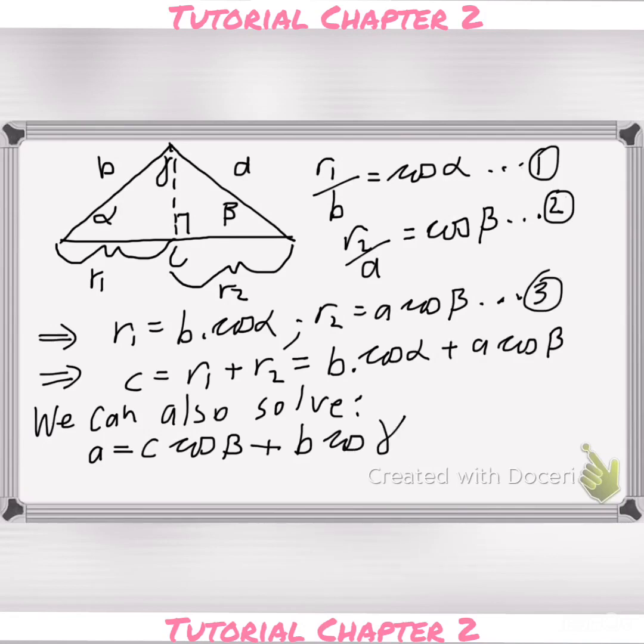And you can also solve for B by applying the exact same argument: C cos alpha plus A cos gamma.